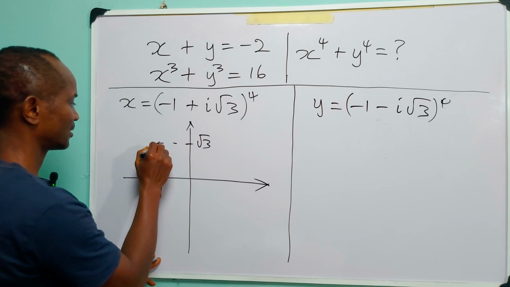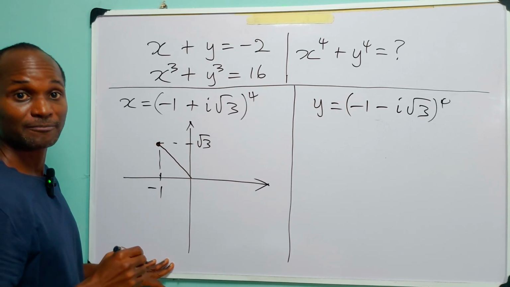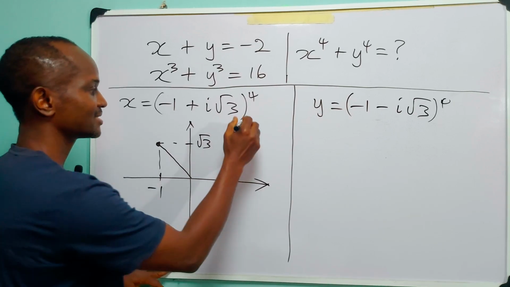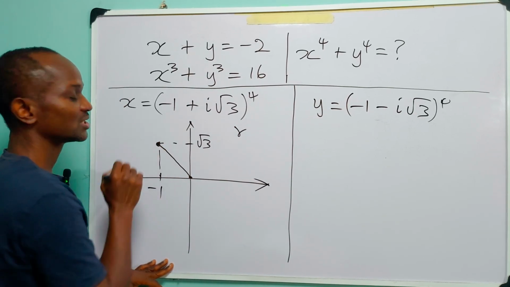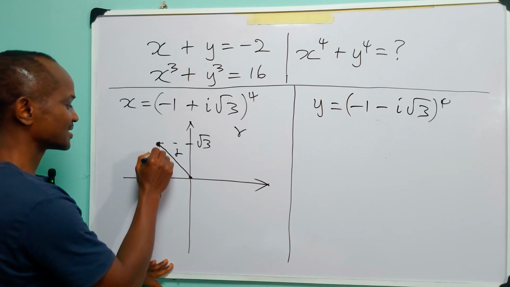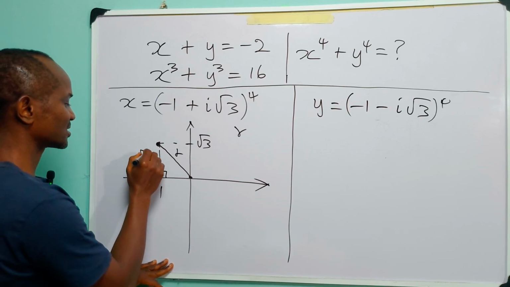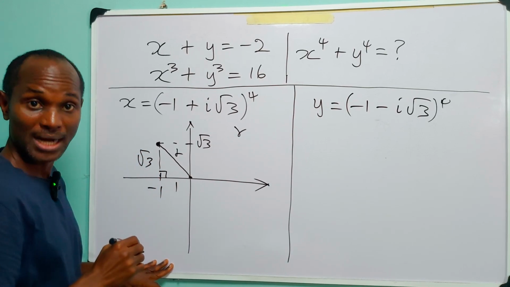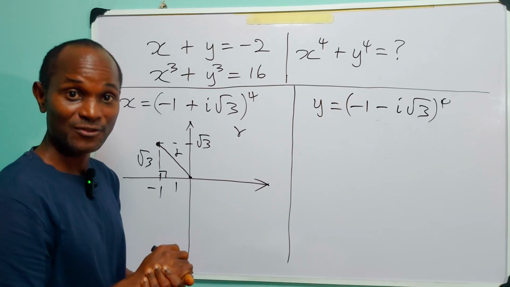Now, this is the complex number. And the modulus, that is r, is the distance from the origin to this point. So this is r. But notice that this is a right-angled triangle. This side, of course, is root 3 and this side is 1.